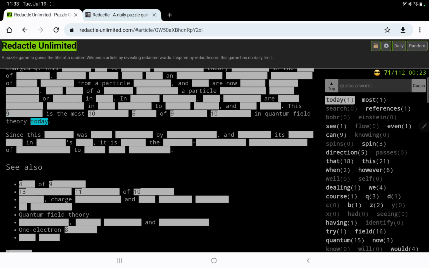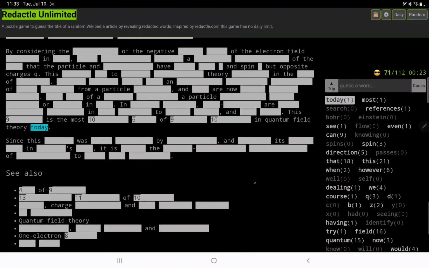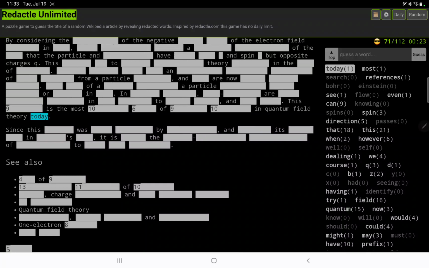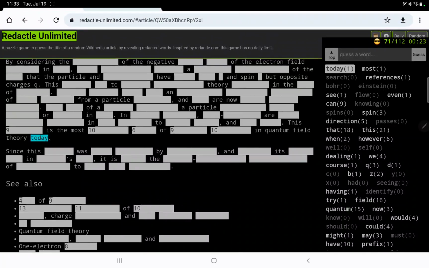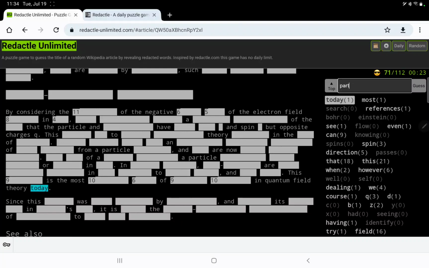This 9 is the most something of, maybe like the most pressing question, or the most something problem. The negative 6.5 of the electron field, 8 in 4. Maybe in part, no, in such, I did such.